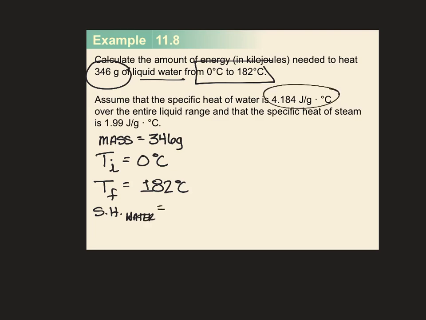It's this guy here. 4.184 joules per gram per degree Celsius. And the specific heat, also called CP or SH, whatever, that's just an abbreviation, of steam is 1.99 joules per gram per degree Celsius.